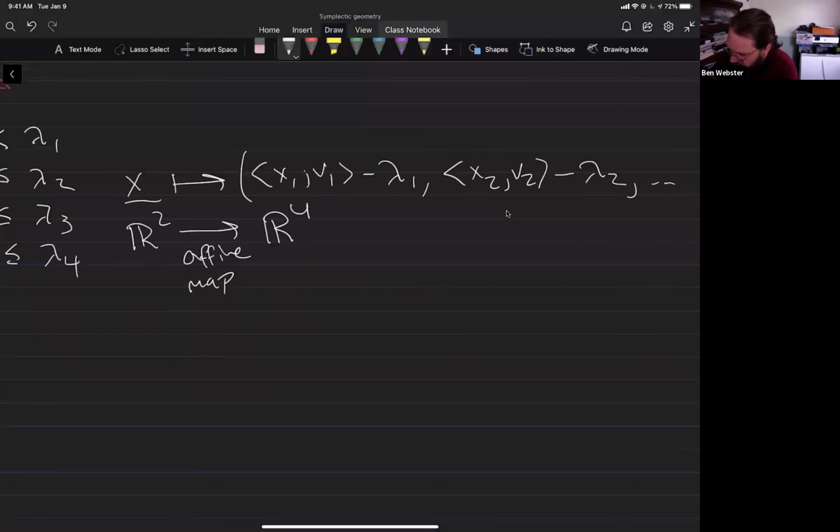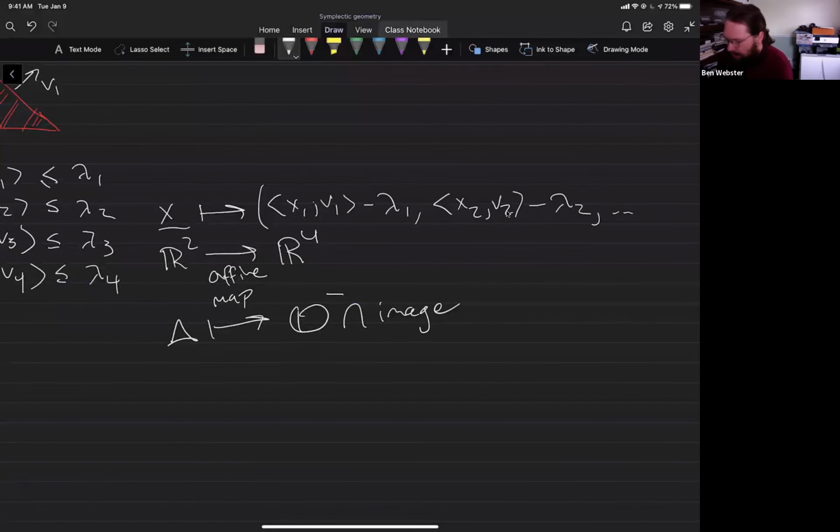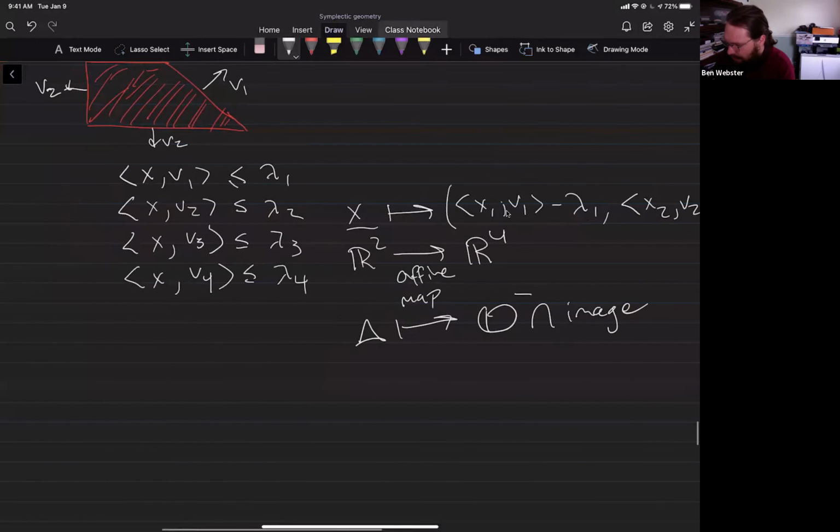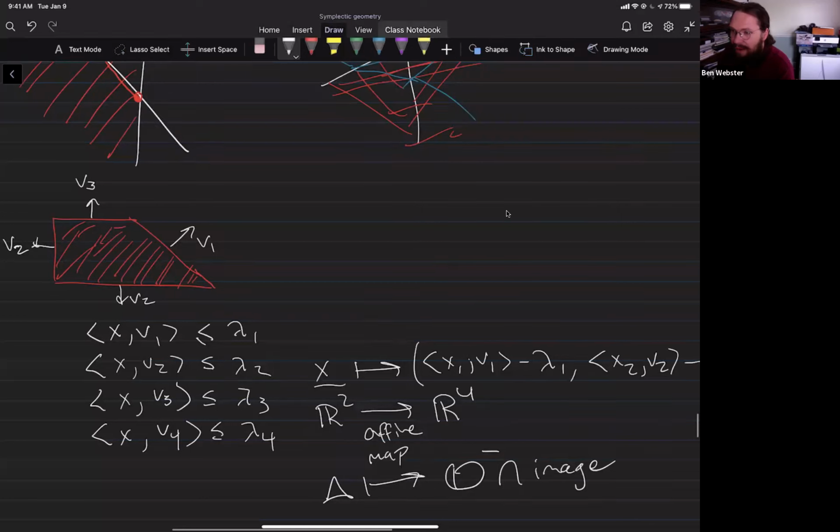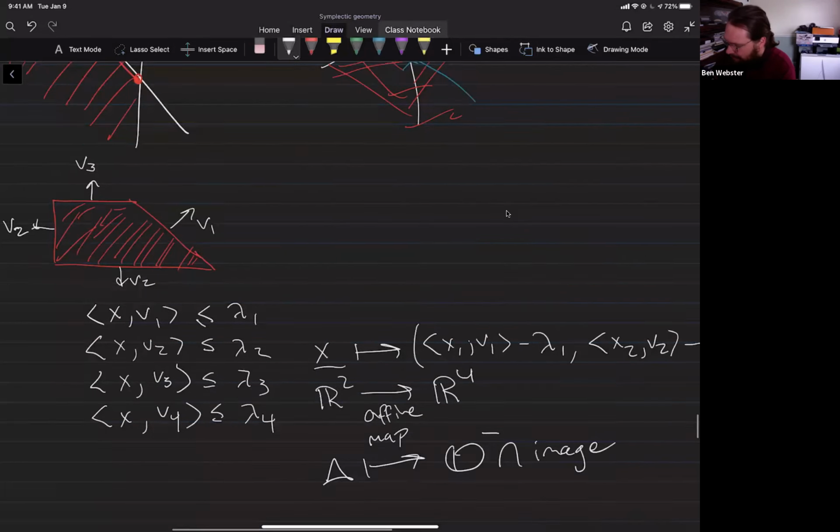So my polytope delta maps to this guy intersected with the image. All right, so that's some fun combinatorics, which gets us started.